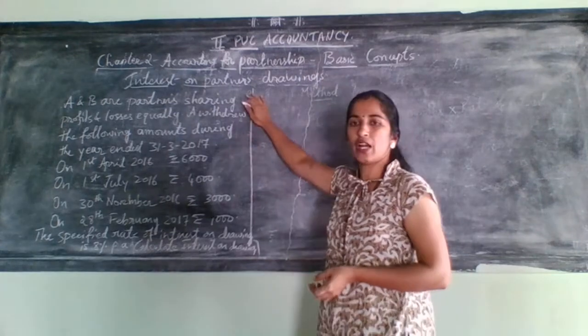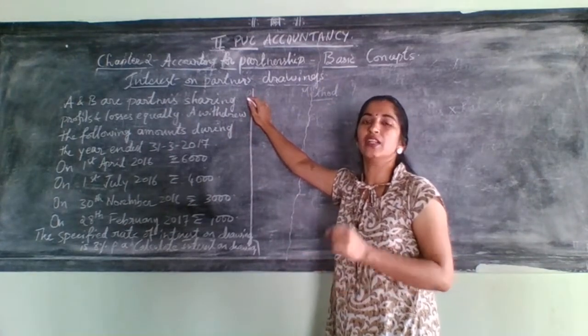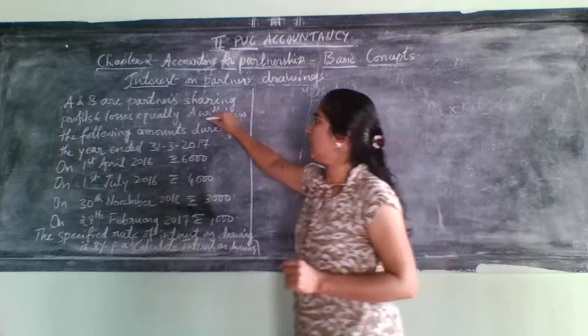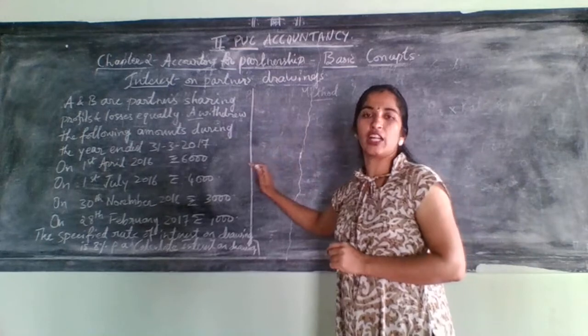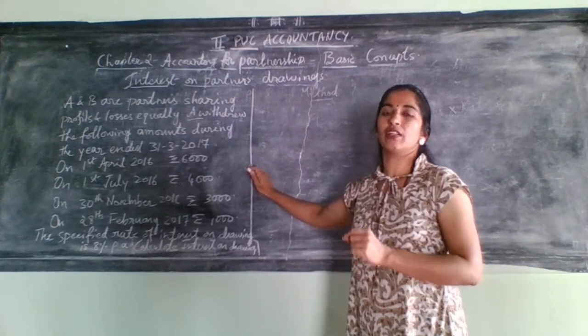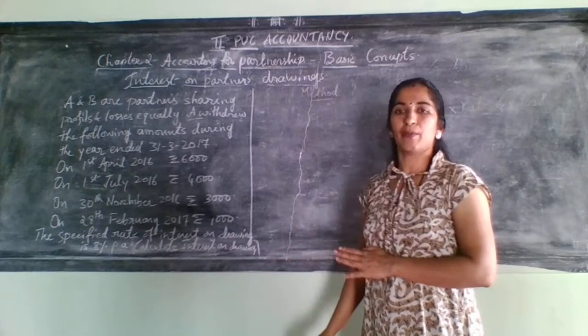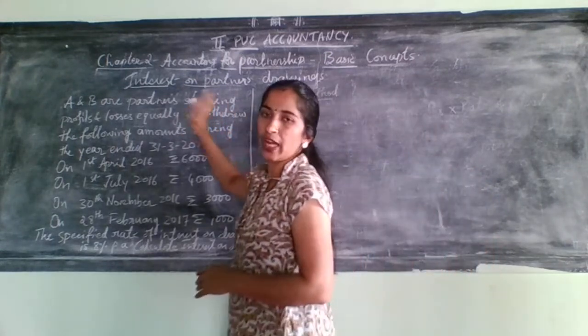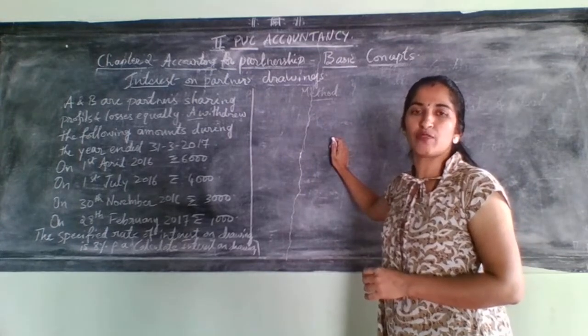Now two partners are there, A and B, but here they have given the drawing of only A. So you need to calculate interest on drawing under direct method. What is the formula?